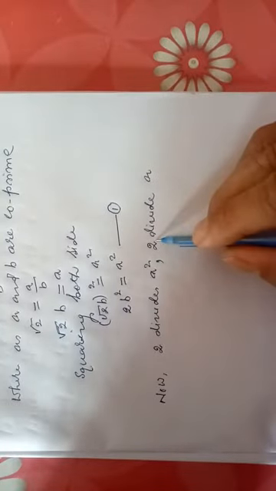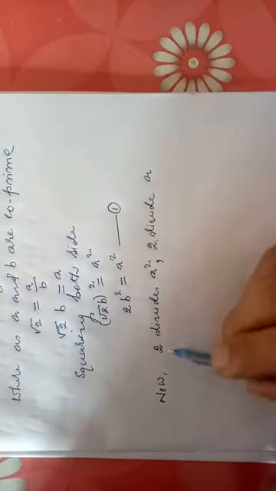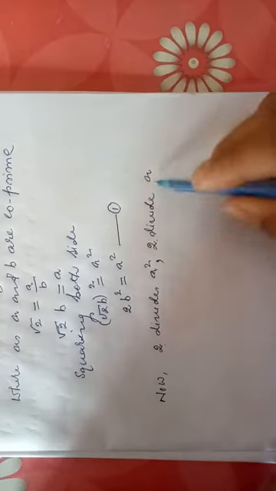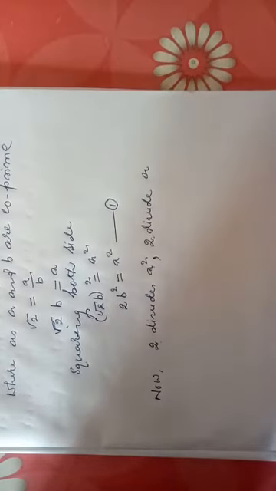Obviously 2 is a prime number. 2 divides a square, then 2 divides a. So we don't know the value of a, but we know that the value of a is divisible by 2. So we take the value of a.